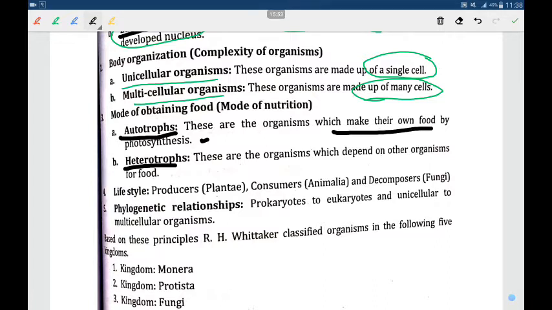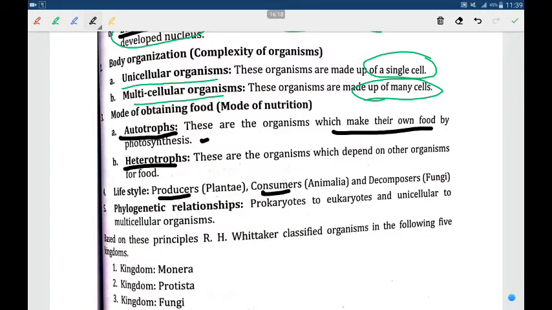Like green plants are autotrophs. Organisms which cannot make their food themselves are heterotrophs, like human beings. Except green plants, the rest of the others are heterotrophs.